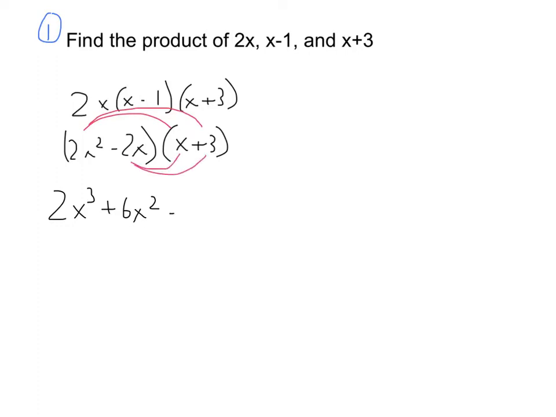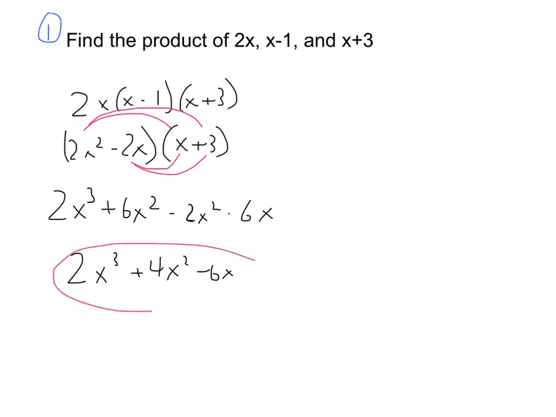That gives me negative 2x squared minus 6x. And we can simplify that to become 2x cubed plus 4x squared minus 6x. And again, this answer here, what is that? That is our product. And that is the product of these three factors.